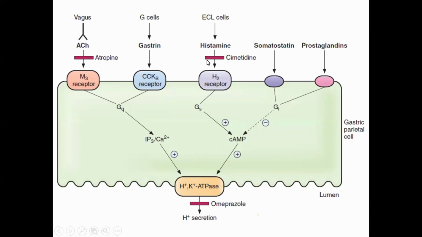Histamine, acetylcholine and gastrin are GQ stimulatory, and histamine is GS stimulatory. Somatostatin and prostaglandin are GI inhibitory. Right? Am I clear about this mechanism?